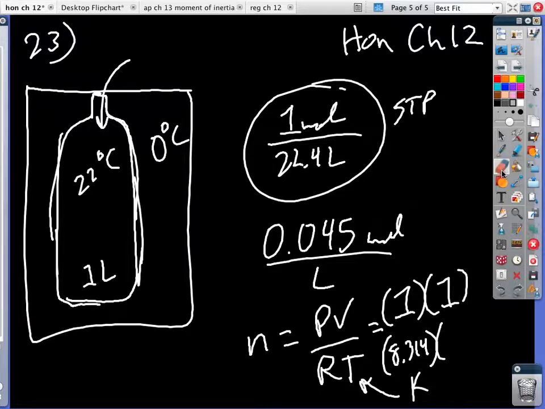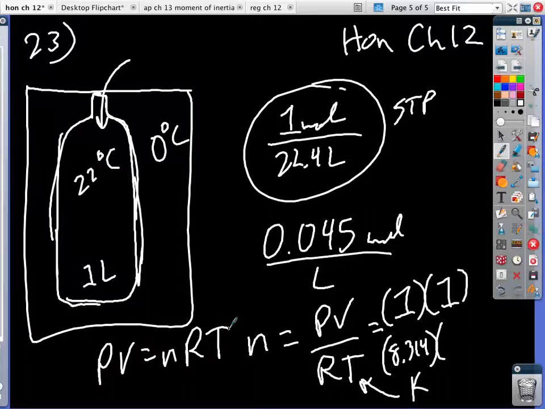The liter atmospheres one is 0.08 or something. But if we use joules per mole Kelvin, where's your volume? Okay, because joules per mole Kelvin gets rid of this over here. And the volume over here, because this is pressure, which is newtons per square meter times volume, gives you newton meters, and that's why they're both joules.